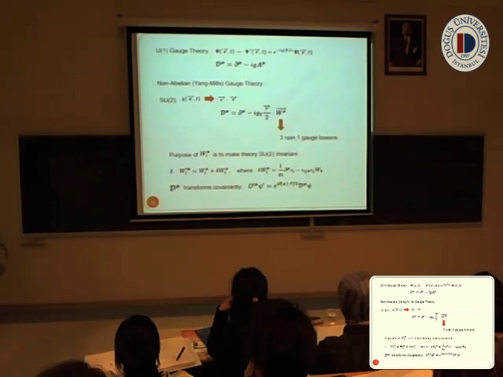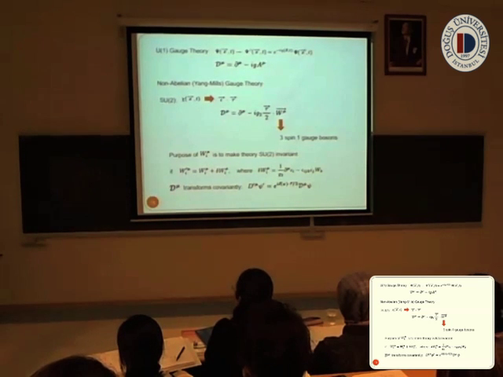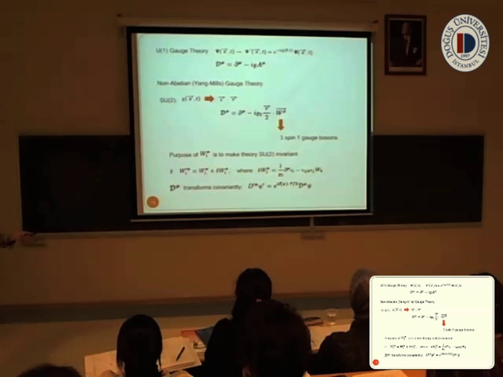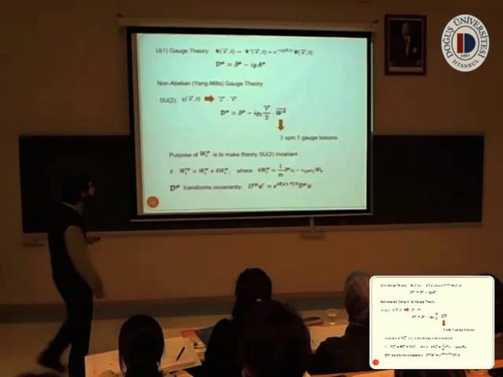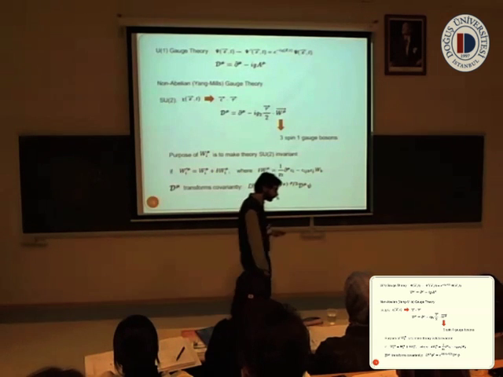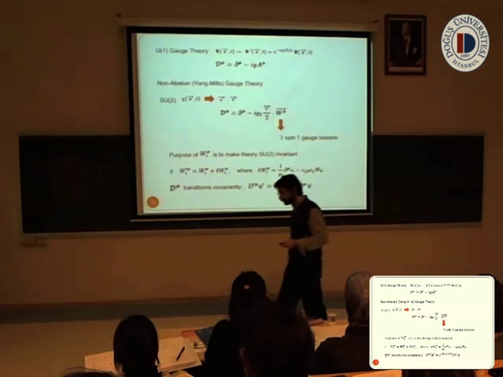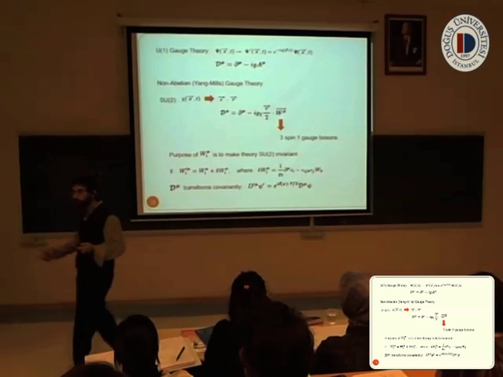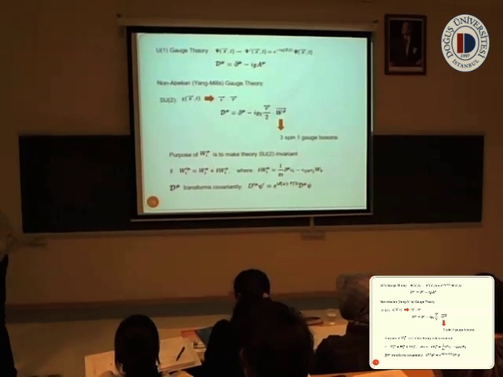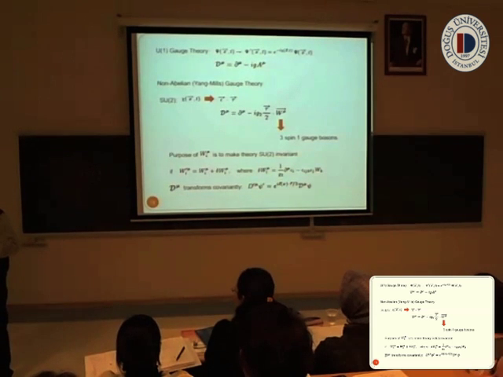Other questions? Actually, how do you calculate that 3? How do I calculate this? No, why are there 3 gauge bosons? Why are there 3 of them? Right, because you are not making one transformation, you are making 3 transformations for a 3-parameter group.